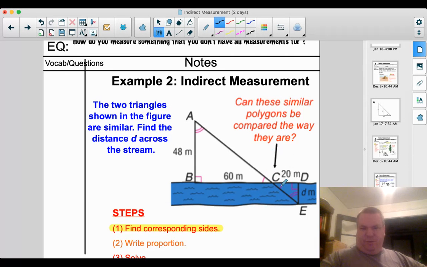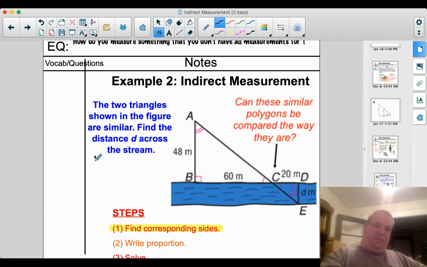If you notice, I have these angles measured, they're the same. So that means this point where the two triangles touch, those correspond. Here I have a right angle, here I have a right angle. So we would have to swing this up 180 degrees to line up with this, right? So D is going to line up with B, and E is going to line up with A. If we're going to do a proportion, we'll start with what we want to know, which is D, the distance across the stream.